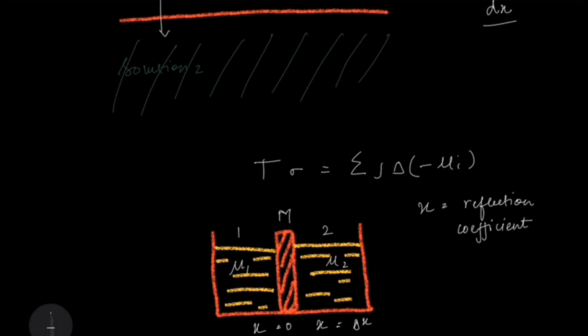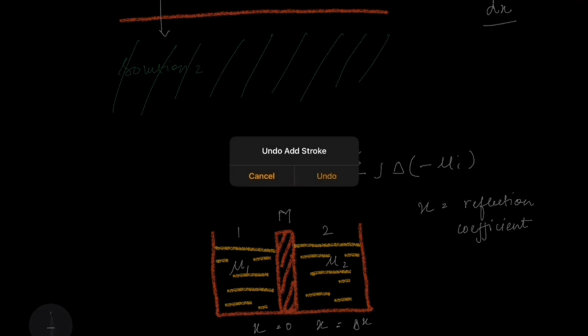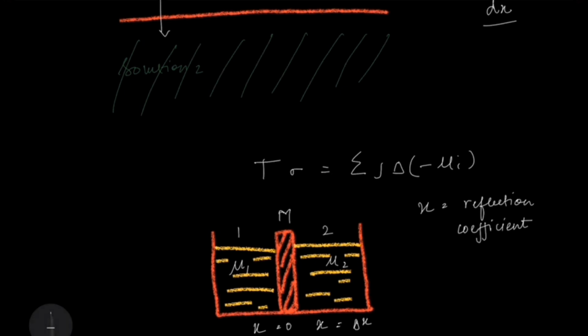Now if we go to ionic equilibrium, we have to calculate the number of moles of ions of potassium, sodium, and chloride, and how these are related to thermodynamics.